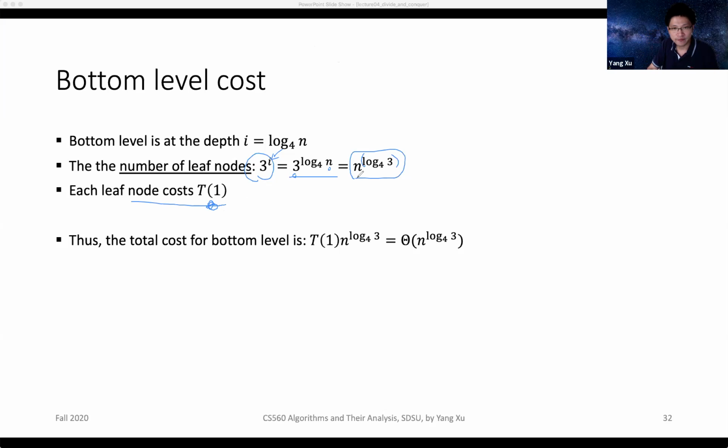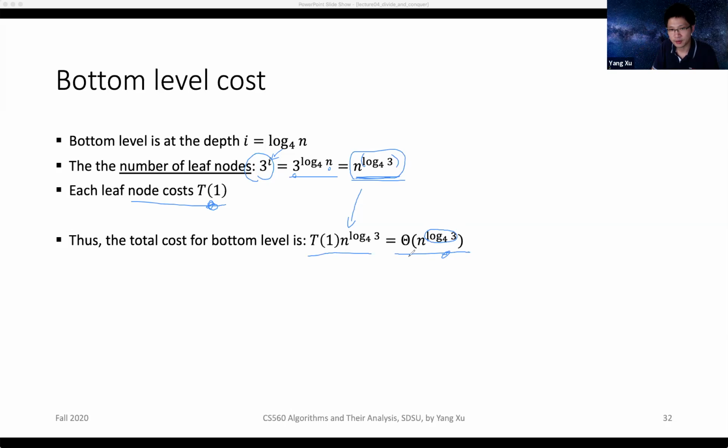So we have that many nodes in the bottom level, and we simply use that number times the cost T of 1, which results in big theta of n raised to the power of something. That something is computed by the logarithm with base 4 of 3.